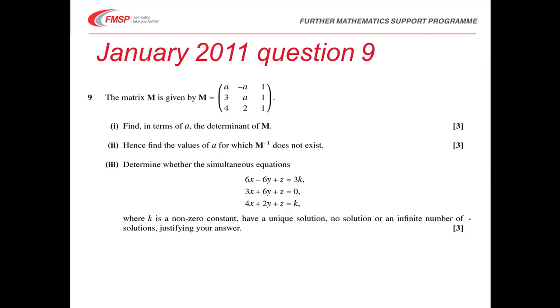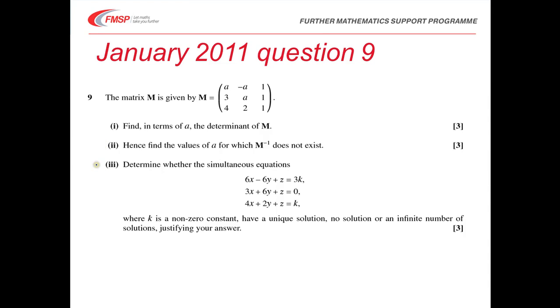So the matrix M is given by this 3 by 3 matrix which has got a letter A in it. First of all, we've got to find, in terms of A, the determinant of M. Hence, once we've found the determinant of M, we've got to find the values of A for which the inverse M to the minus 1 does not exist.